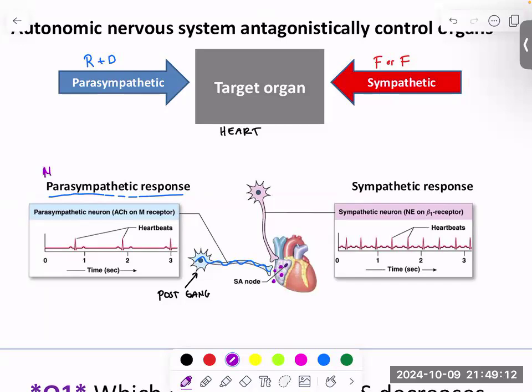The neurotransmitter is technically sometimes called a drug. The neurotransmitter released by the parasympathetic nervous system, we should be familiar with it right now. It's abbreviated ACh. Which one was that one? It is acetylcholine. If you put acetylcholine on the heart, it is going to stimulate a rest and digest response. Acetylcholine tells the heart rate to decrease because of the receptors that are on the heart.